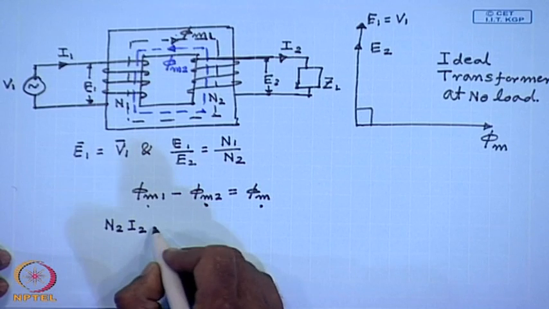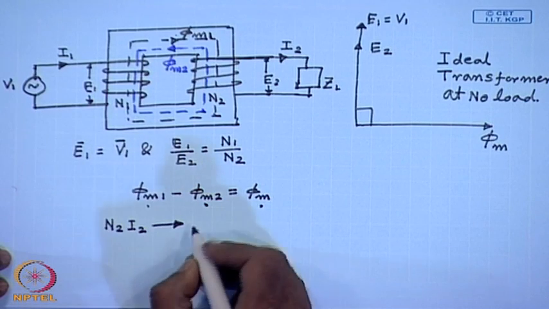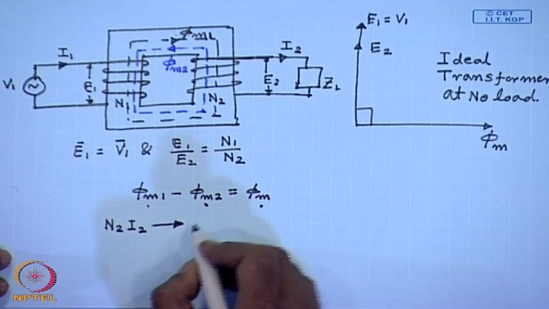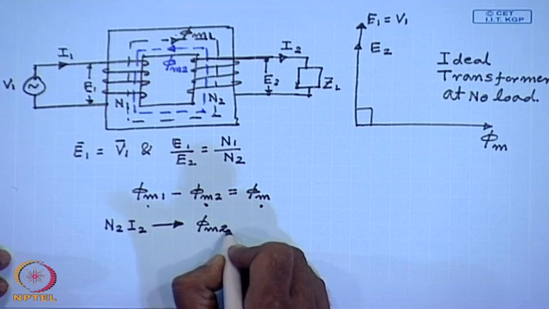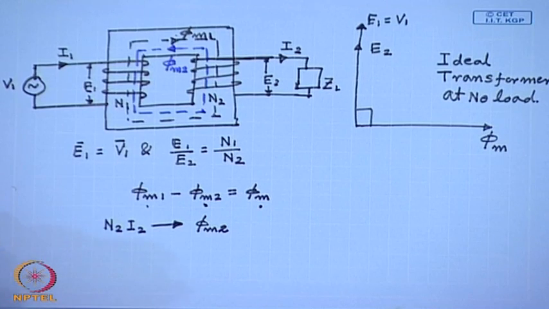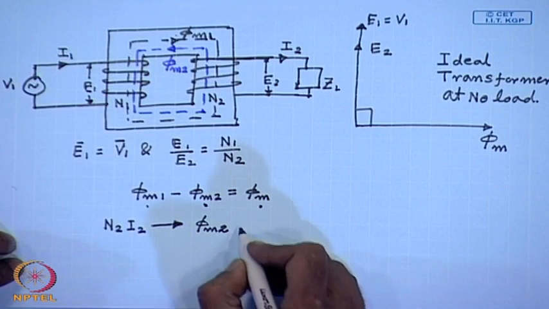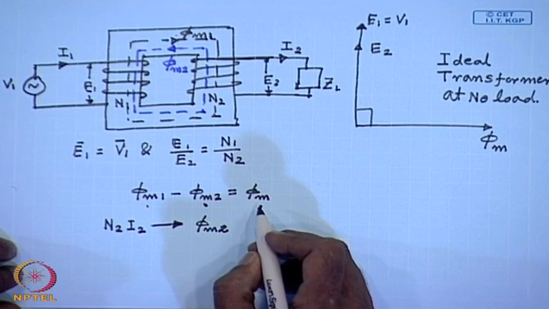The ampere turns N2 I2 produces the flux phi m2. Therefore, this ampere turn must be cancelled by the ampere turns of the primary coil, so that the net flux still remains at phi m.